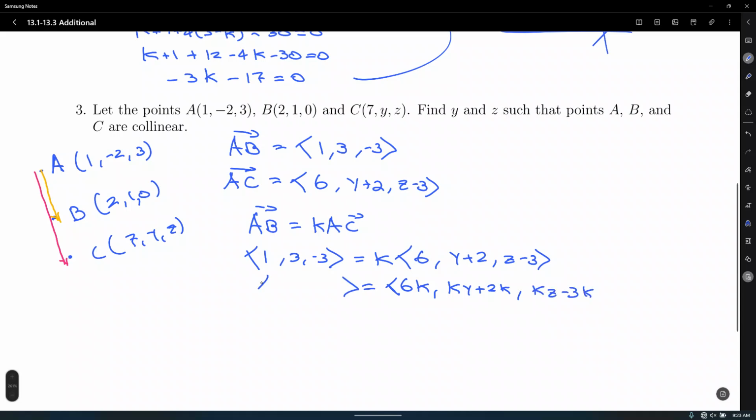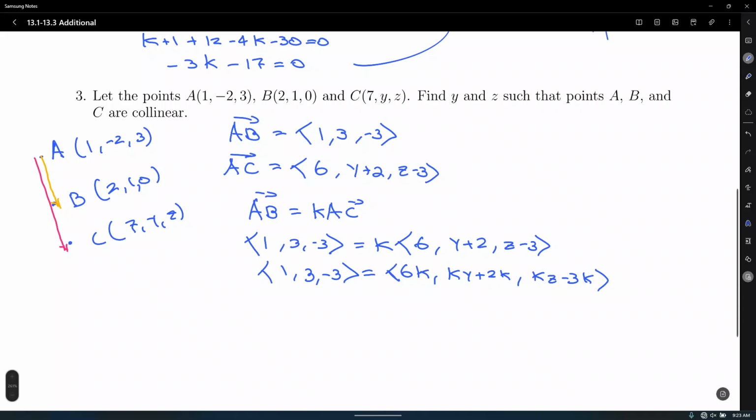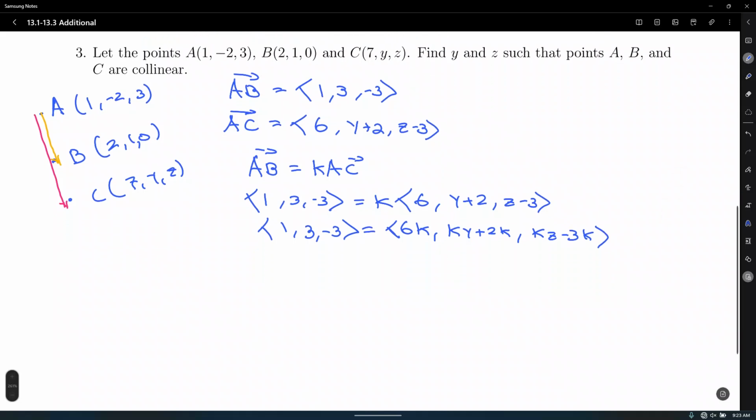Set it equal to the vector 1, 3, negative 3. And again, we're going to equate components by the fact that two vectors are the same if their components are equal. All right? So 6K times 1 equals 1. So 6K equals 1.